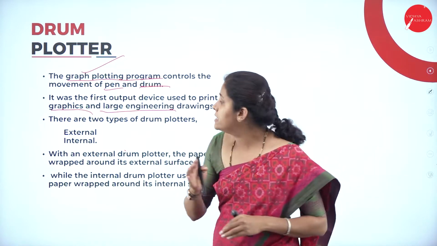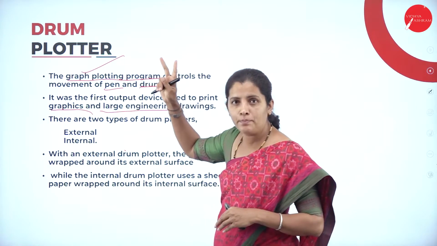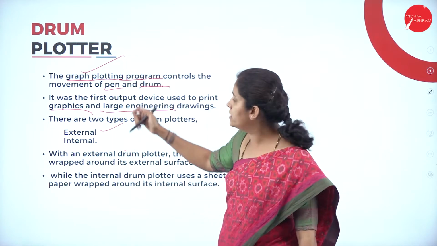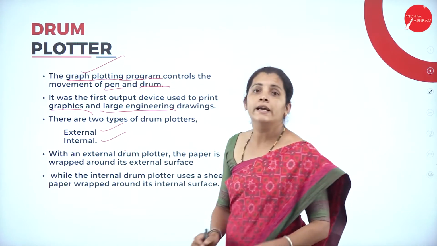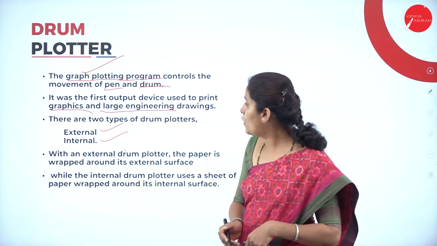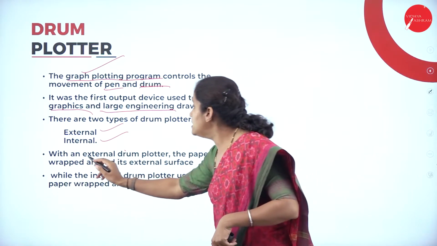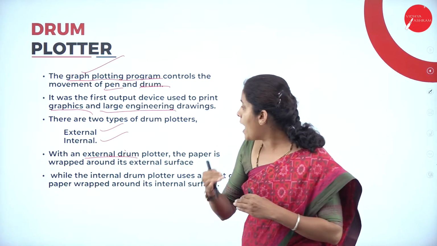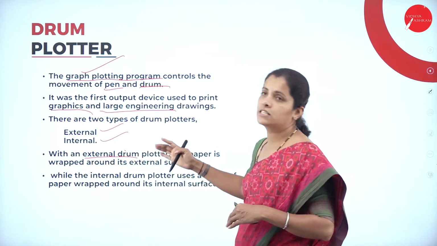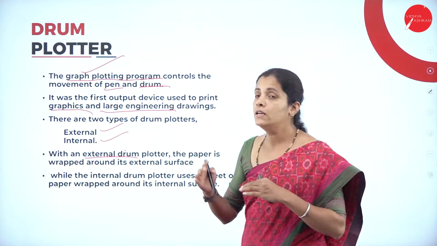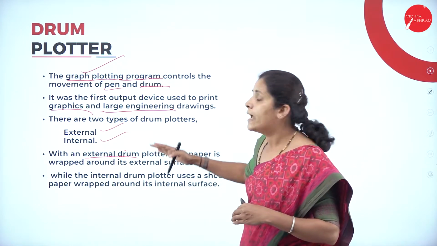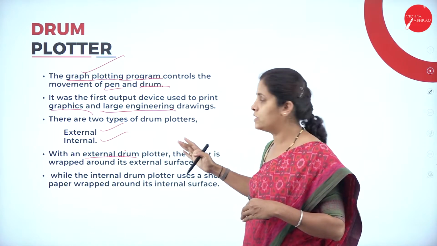Dear students, there are two types of drum plotter. The first one is the external drum plotter, and the next one is the internal drum plotter. In the external drum plotter, the paper is wrapped around its external surface.